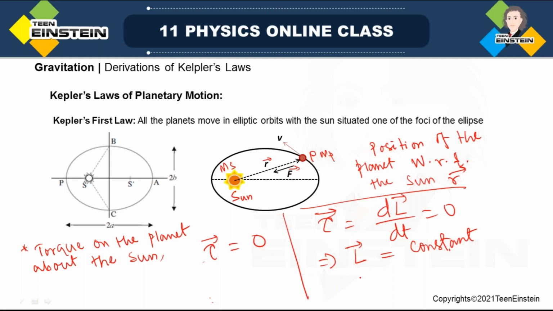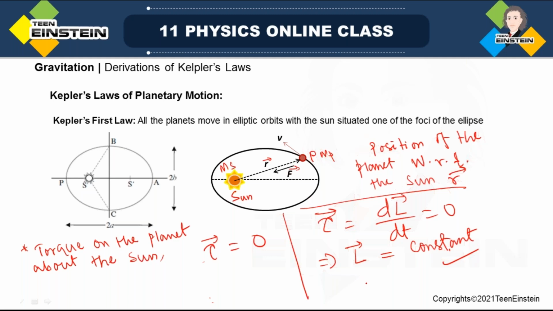Okay, and this happens for a closed elliptical orbit, or even a circular orbit as well. Now look, this is one inference, that the orbit will be either circular or elliptical, and also it will be a closed orbit.